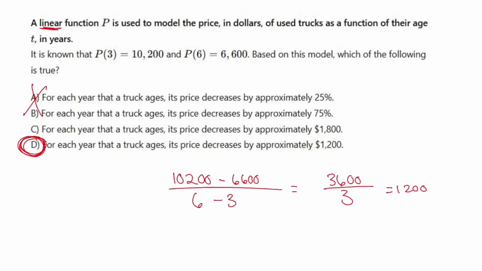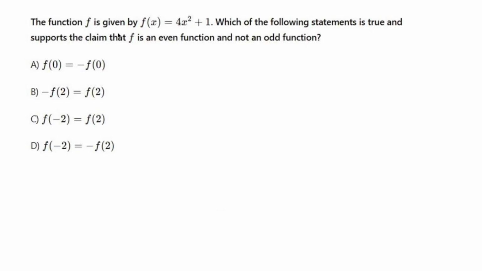Hope this helps. The function f is given by f of x equals 4x squared plus 1. Which of the following statements is true and supports the claim that f is an even function and not an odd function? Well, if something is an even function, what you're supposed to do is plug in negative x for every regular x.